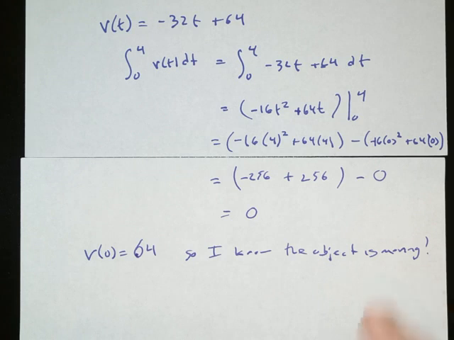There is 64. But I also spent time down. And as a matter of fact, this object starts at 0 and ends at 0, reaches its highest point at exactly 2. So we spent 2 seconds going up, 2 seconds coming down, and ended it by net change.